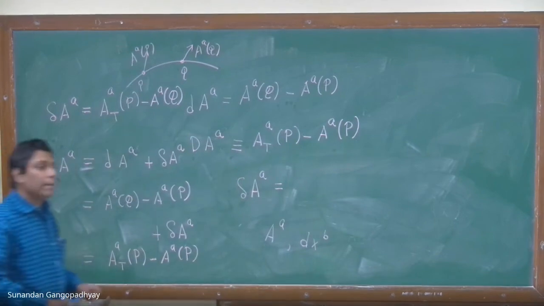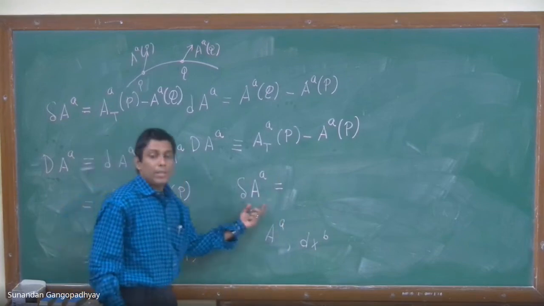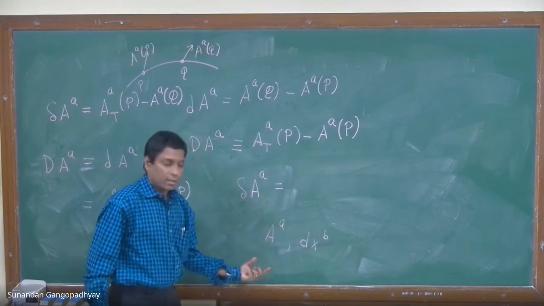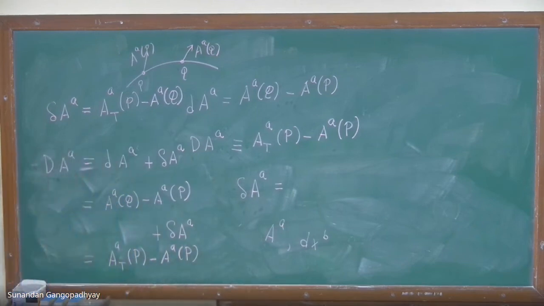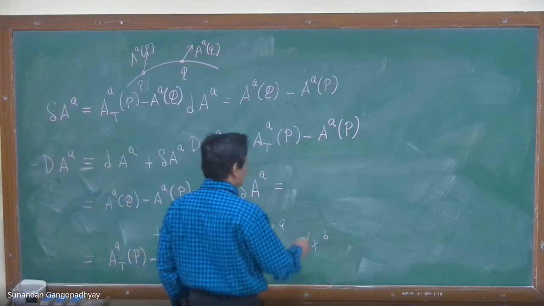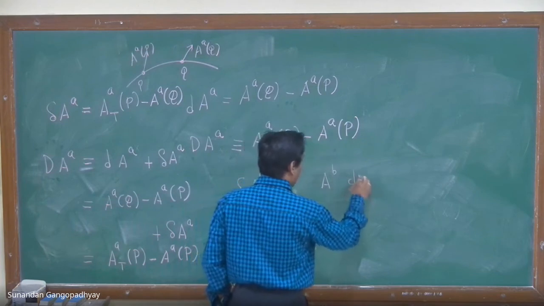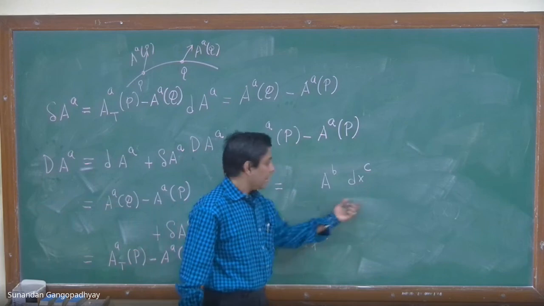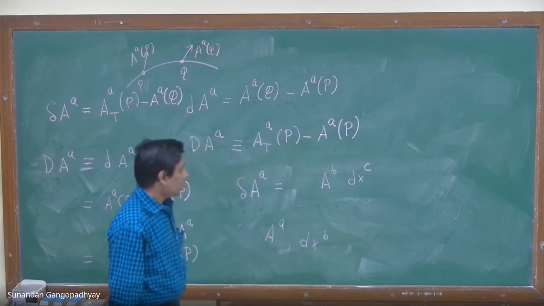This is a rule that I am providing to you by hand. I am saying what should be the form of delta A^A: it should be linear in A^B and dx^C. But now there is a problem.